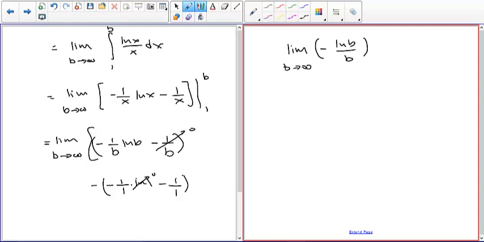And remember, what you look at is the relative behavior of each one of those functions, the natural log of b versus b. So y equals b would look something like that. The natural log of b would look like that. So what's happening is that the natural log of b is going to be getting smaller relative to b. So that means that should go to 0.